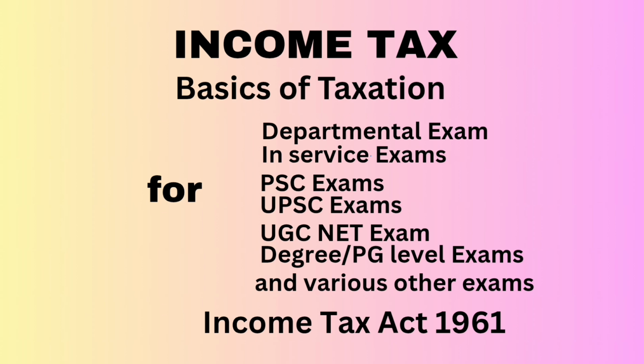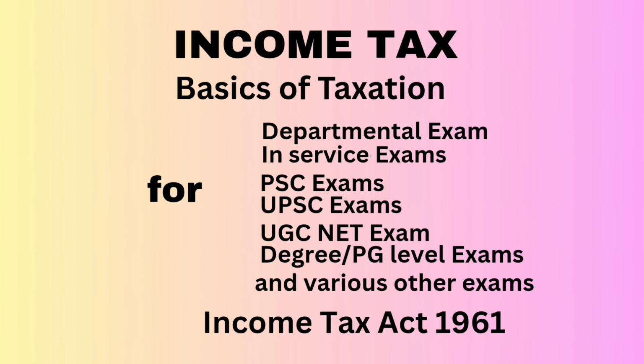Basics of taxation. Persons liable under income tax law. The following persons are liable to income tax. 1. Individual, that is natural person, human being, including minor or unsound mind person. 2.